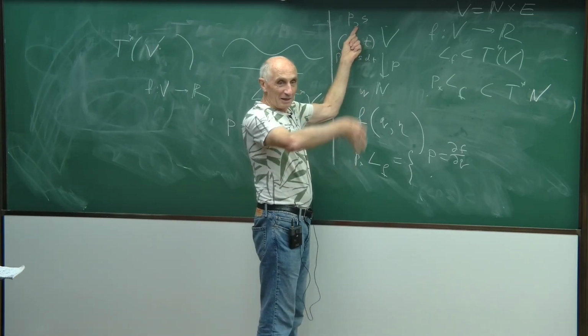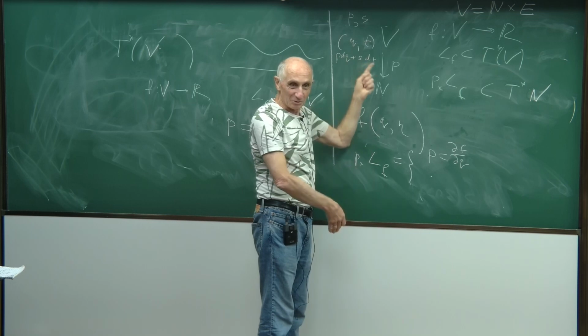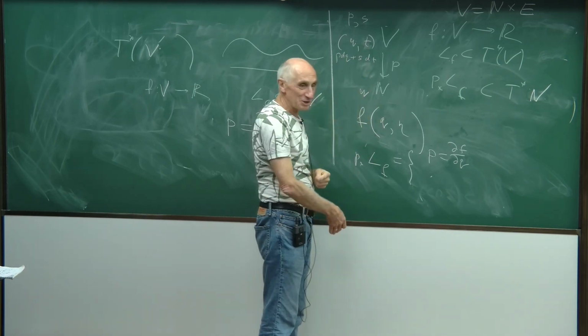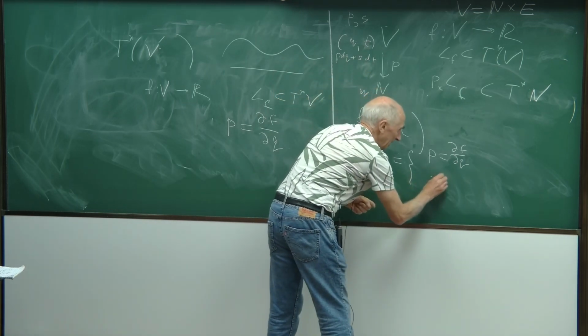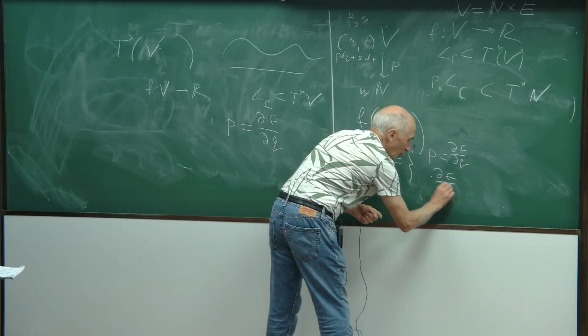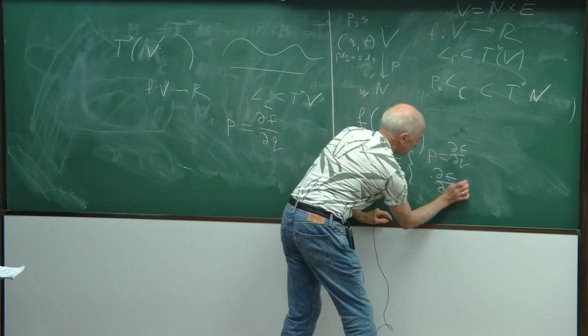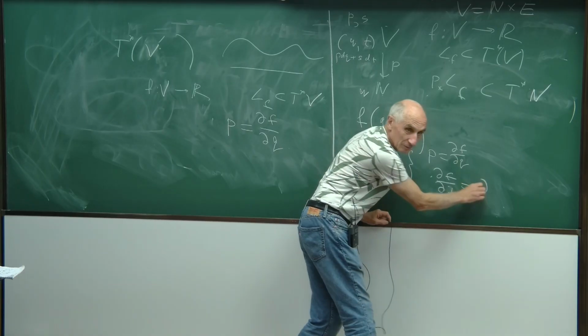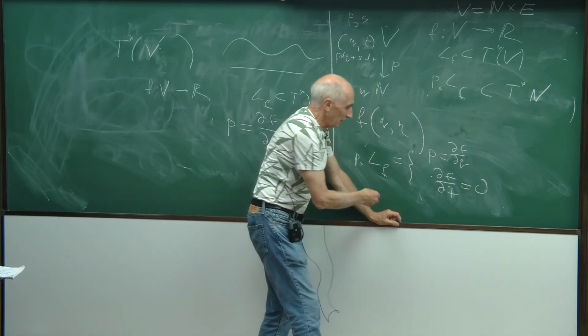But I need to restrict to the intersection with this, which means I have to enforce that df over dt is equal to 0. And this is LF.